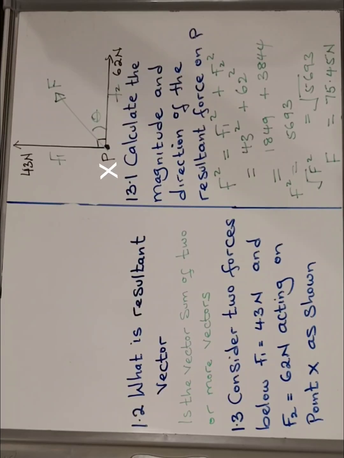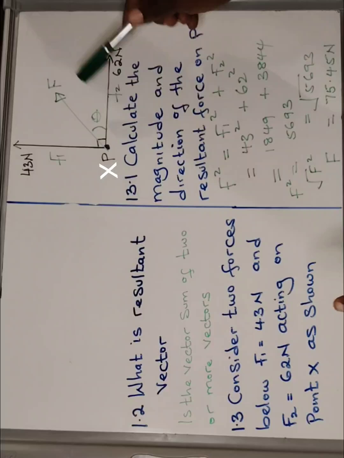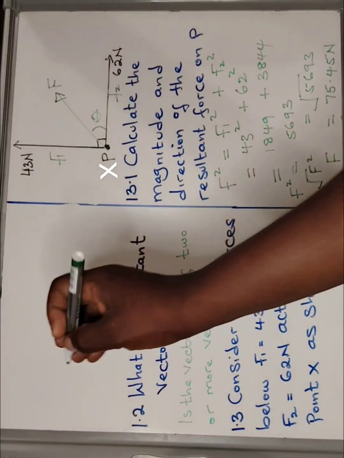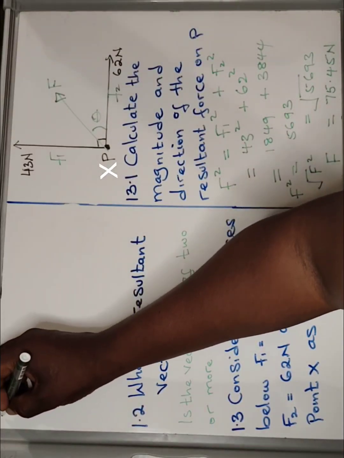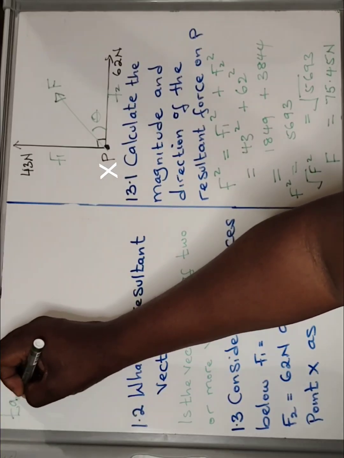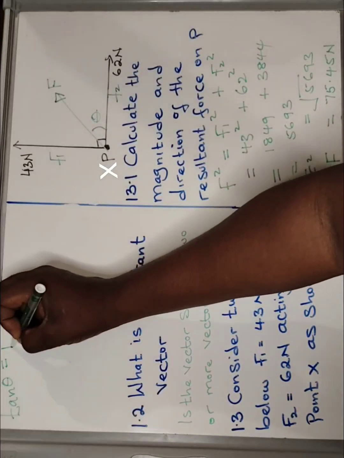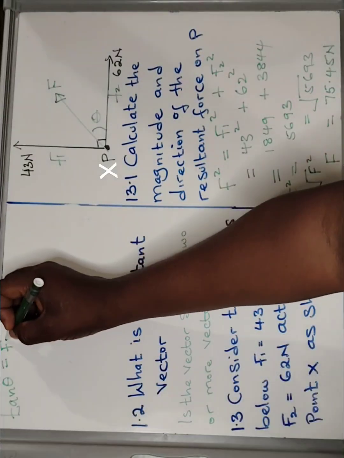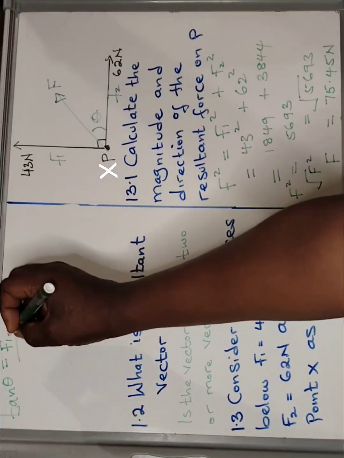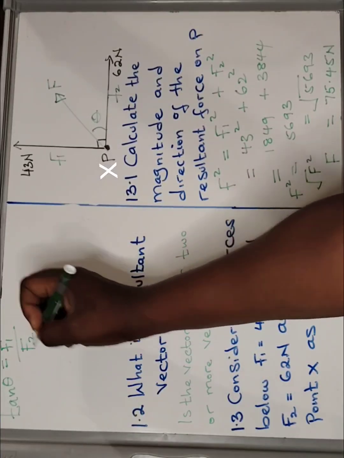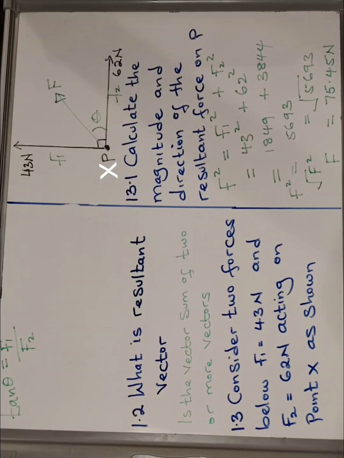To get the angle, we are going to use simple trigonometric ratios. And from what we have here, it is clear that tan theta is F1 over F2. And from there, we can get our theta. What is F1?